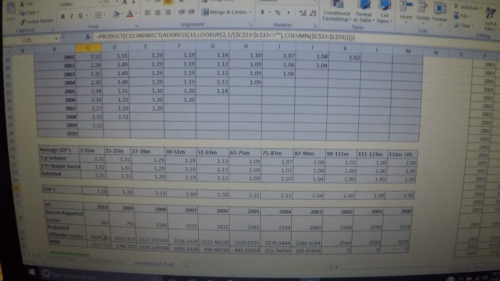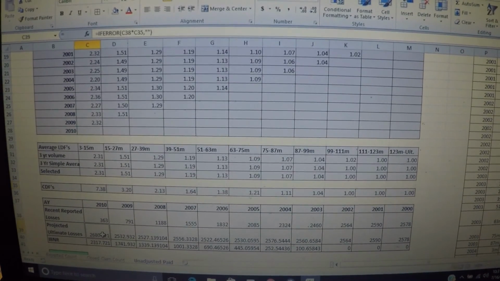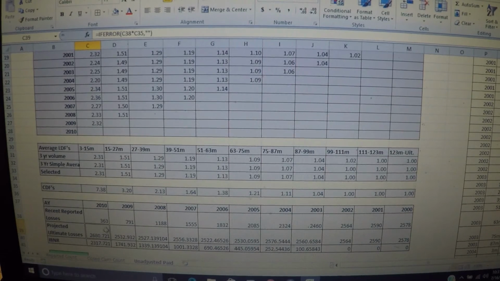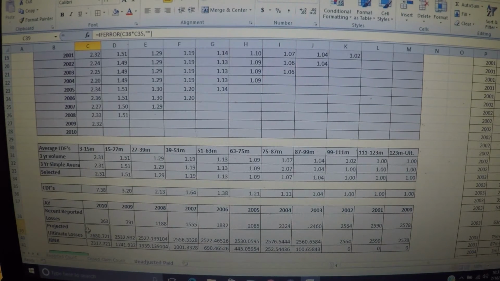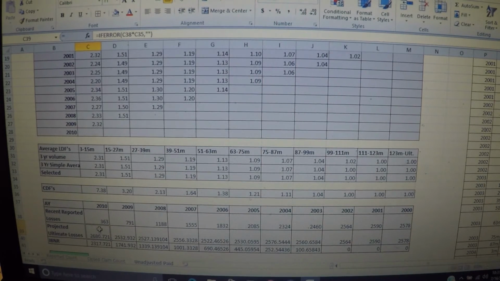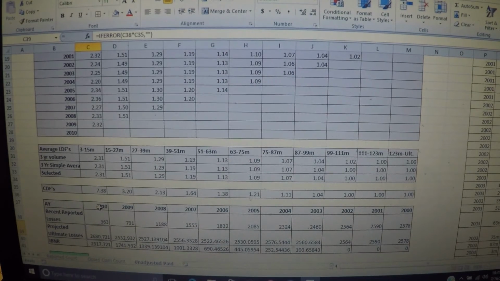So again, to reiterate, what does this cell represent? This represents basically how much we need to reserve, how much we need to store away that will cover the reported losses from accident year 2010.